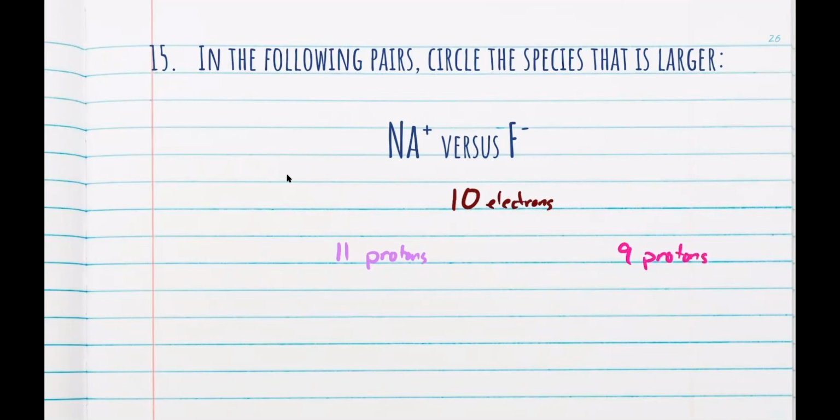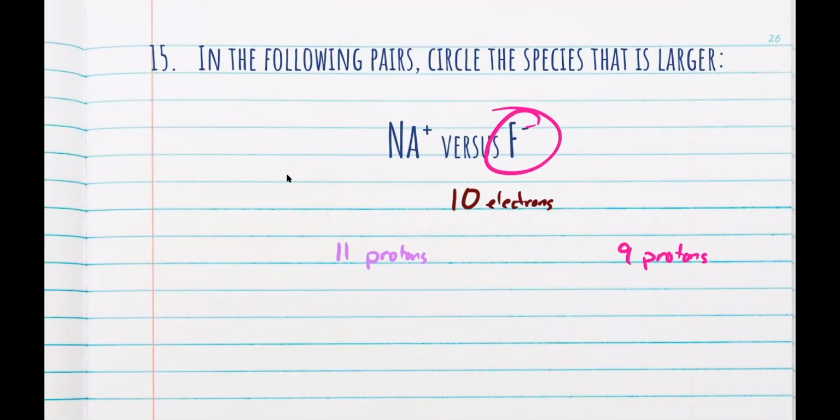So we're going to have more protons than electrons with sodium, meaning it's going to hold those electrons tighter, versus fluorine, which is going to have more electrons than protons, meaning they're going to be pushed further away. So which one is larger? Fluorine.